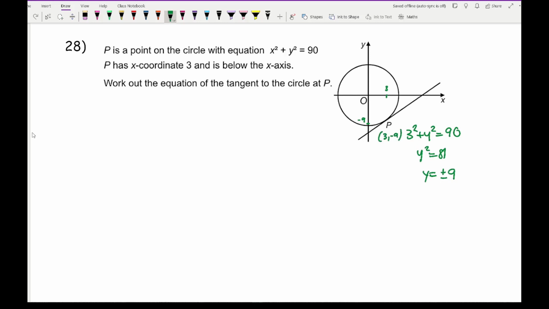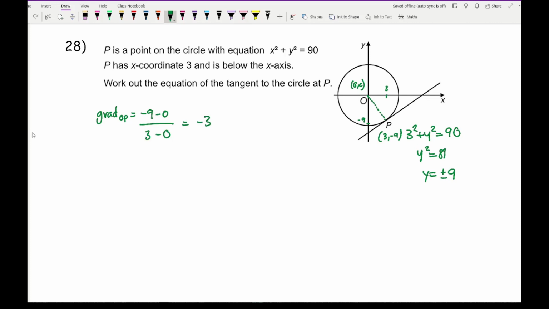Now the next thing for me to do is find the gradient of the radius between those 2 points. So here the gradient of O to P, where O is 0, 0. I've got the coordinates of minus 9 minus 0 over 3 minus 0, which gives me minus 3.